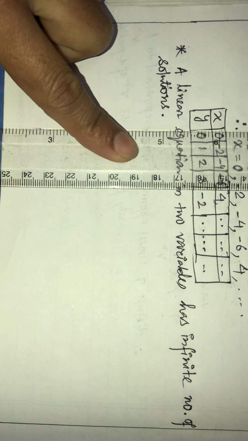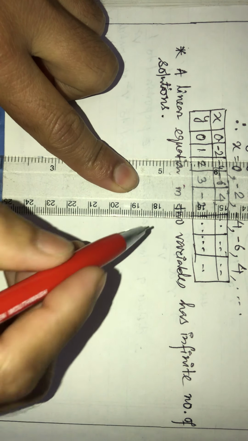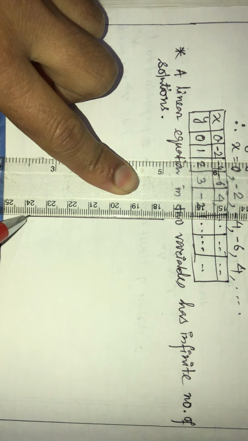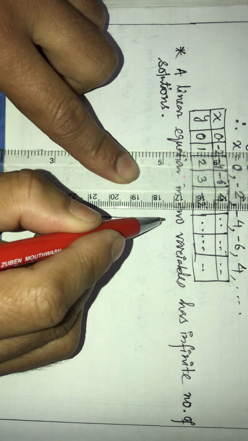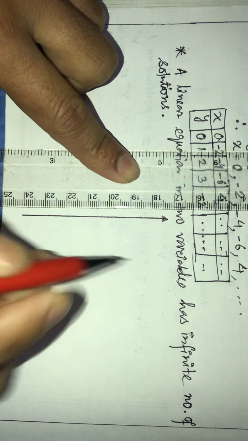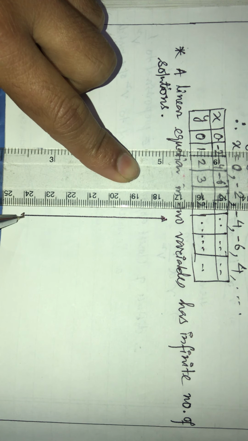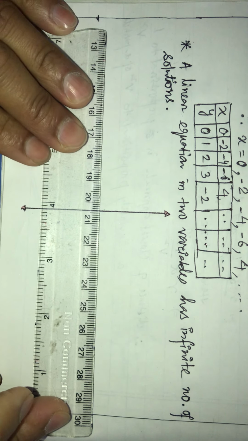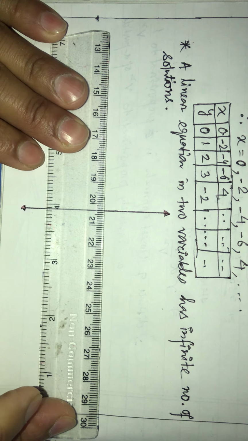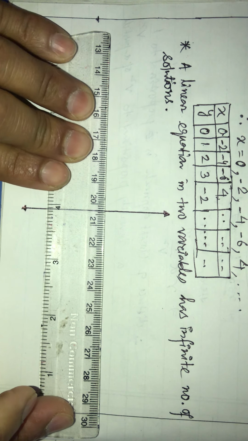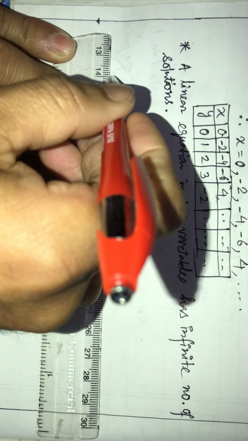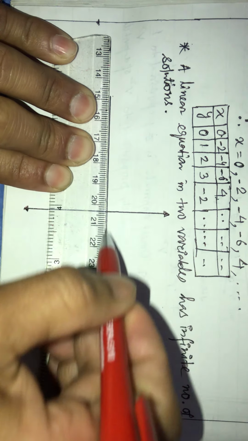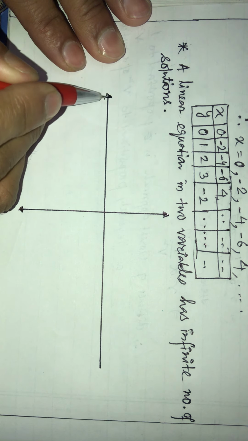you can see here, while plotting a graph or any figure in mathematics, always remember you must use pencil and ruler. Here I am using a pen for your convenience to make things distinct.